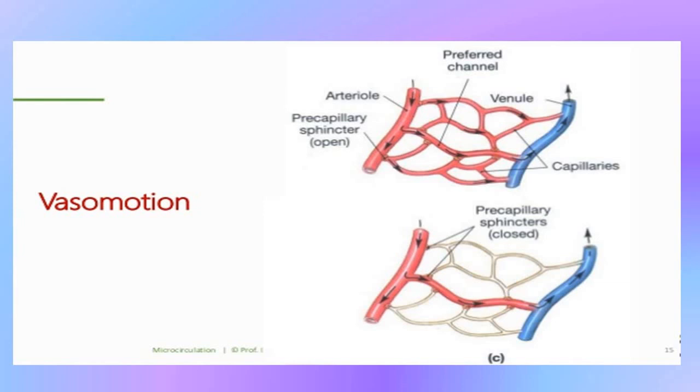At a time only certain blood is allowed to move in the capillary so that maximum exchange takes place. Then it is closed and then opens again. This is for some seconds, in a cyclic form, so that is called vasomotion.